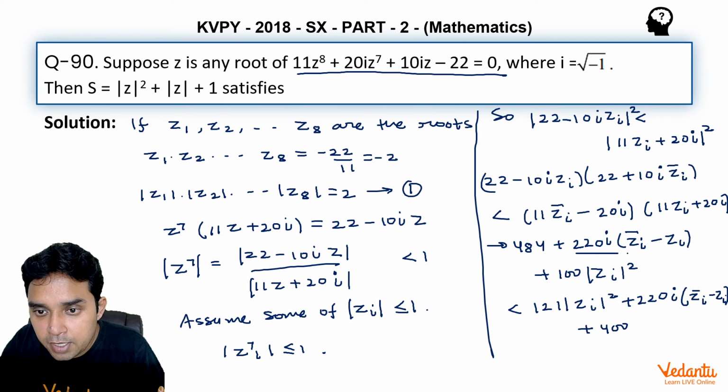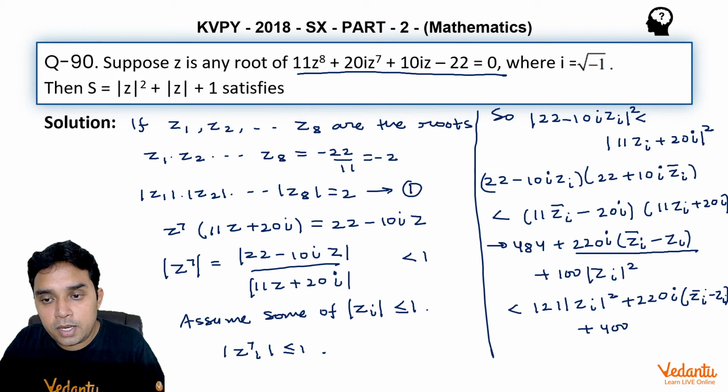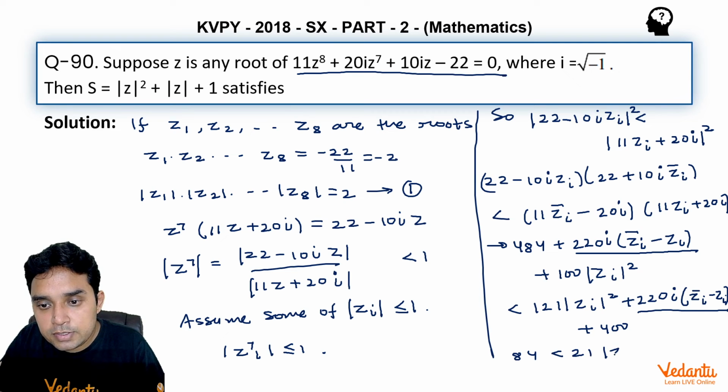So we can see this 220i into (zi bar - zi) gets cancelled. What we are left with on the left hand side, if I bring this 400, we get 84 less than 21|zi|^2, which means |zi| will be greater than 2.